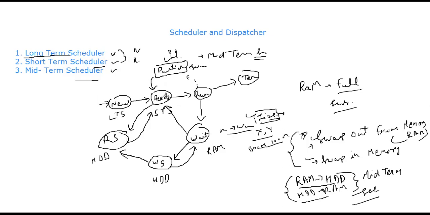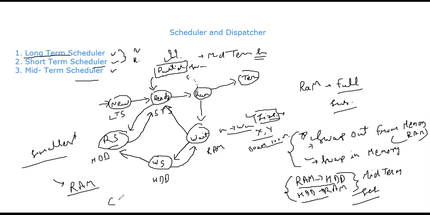Now, once my space in RAM gets free, what will I do? I'll once again select which processes I can send back to my RAM. Here I can deploy the reverse mechanism, that the smallest process which is in ready suspended or in wait suspended will be sent to the RAM. Please make sure this is not the only criteria.